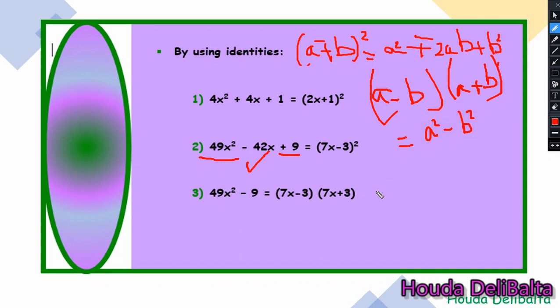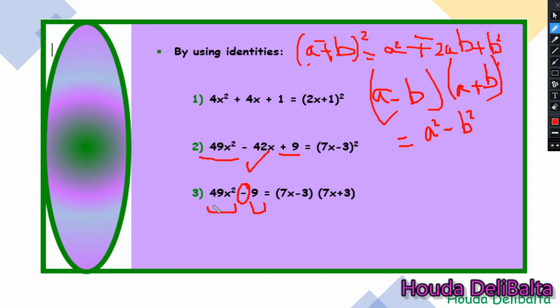Let's apply it. I have only 2 terms. I apply it when I have 2 terms separated by a minus sign, just a minus sign. So 2 terms separated by a minus sign will let me think of this identity. 3 terms will let me think of this identity.